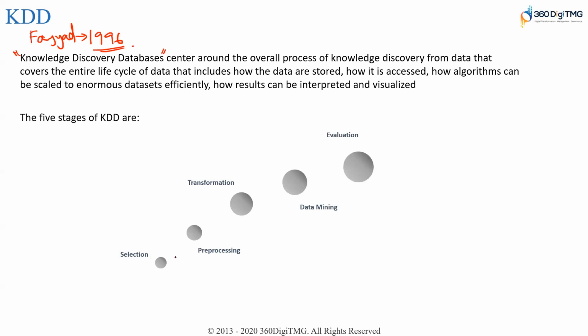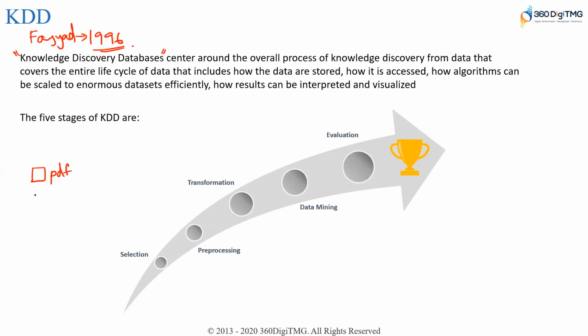The first step is selection, right? The selection and integration of the data from various sources. So you might have data in the form of PDF, you might have data in your Oracle database, you might have data coming in from IoT sensors in the form of logs, you might have some data in Excel format, whatever it be, right?